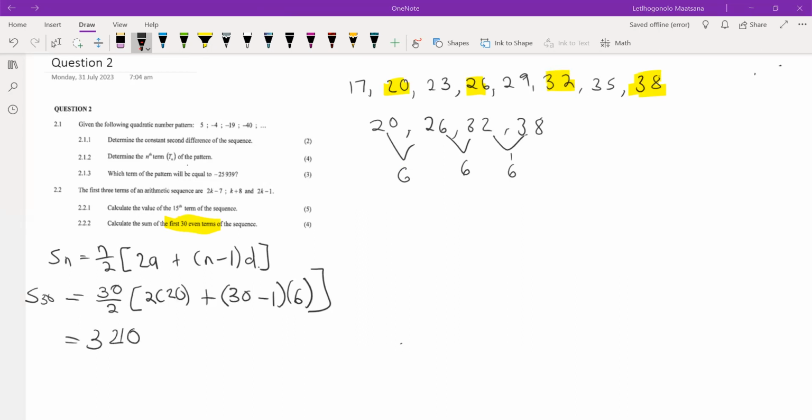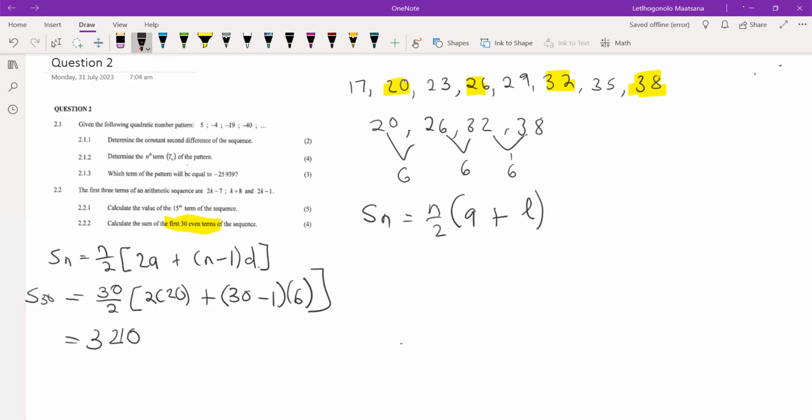3,210. Now, the second method that they have over here is they use the equation Sn is equal to n over 2 a plus l.